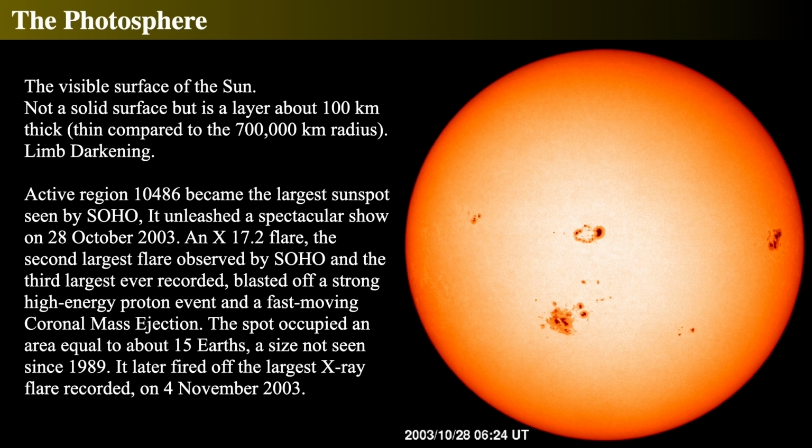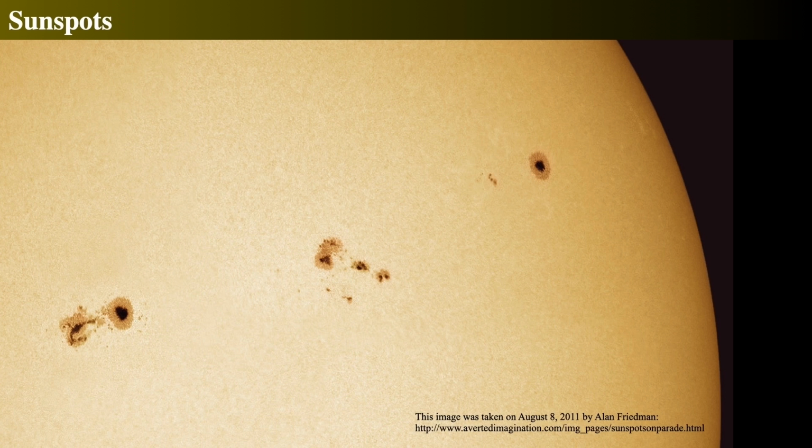These are all sunspots, and these are active regions, especially the center one, which back at the end of October in 2003 launched an enormous solar flare. And that solar flare had some problems here on Earth, and it caused some issues down here on Earth. So let's look at the sunspots and what they are.